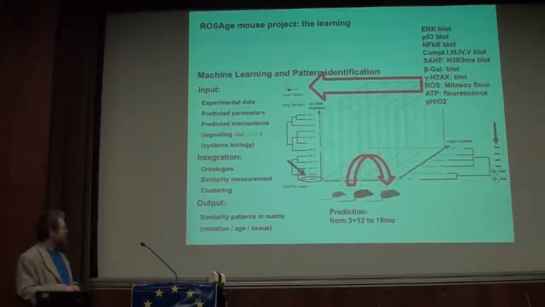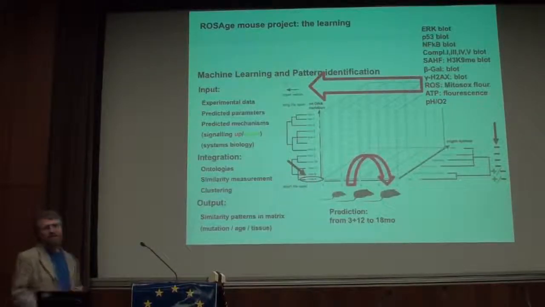And very interesting would also be a prediction from data of 3 to 12 months to the 18-month data. So is there any structure, any underlying molecular mechanism that can be found in that data that is driving the aging processes?